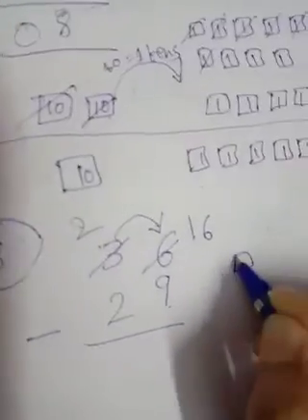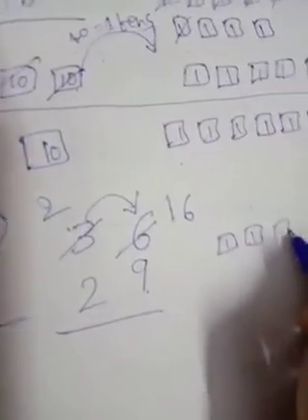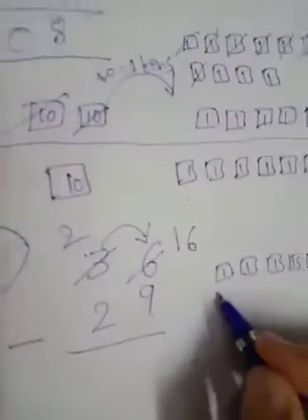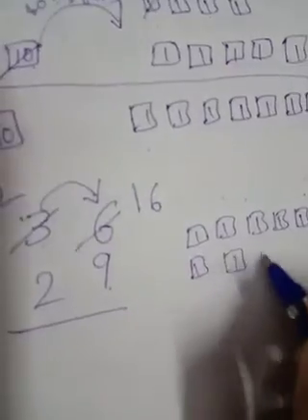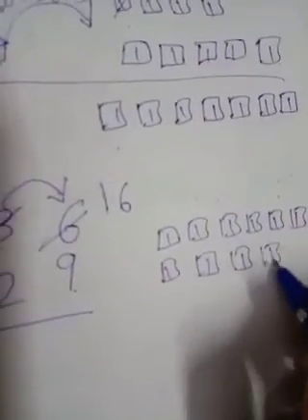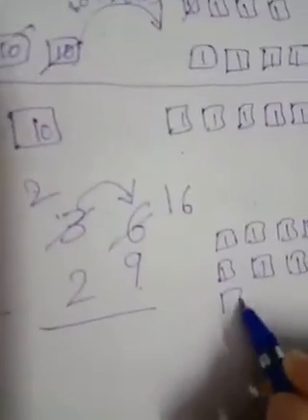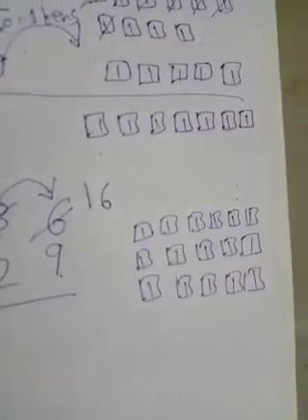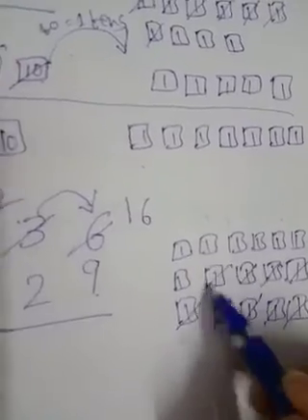So draw 16 ones: 1, 2, 3, up to 16. In those 16 ones, how many will we cut? 1, 2, 3, 4, 5, 6, 7, 8, 9.